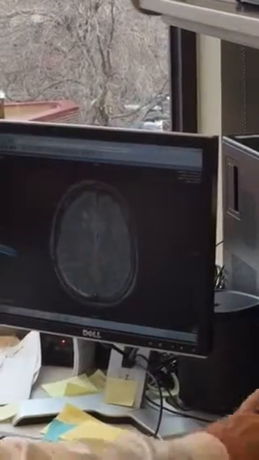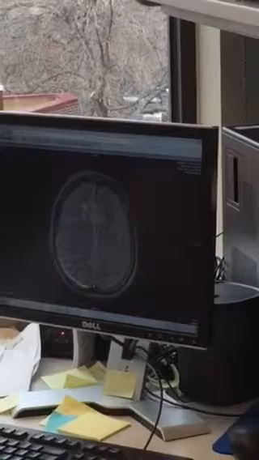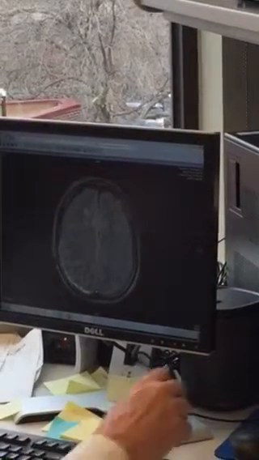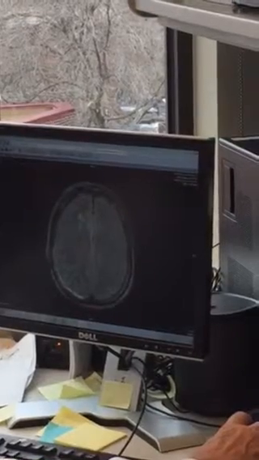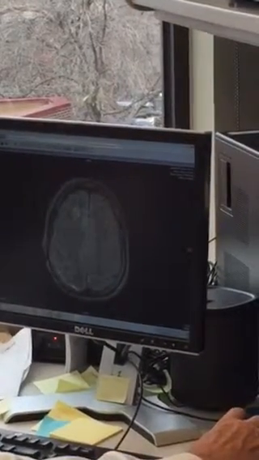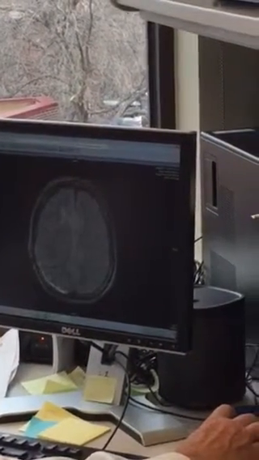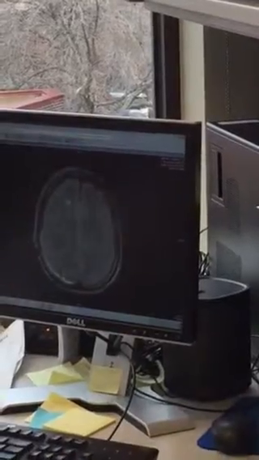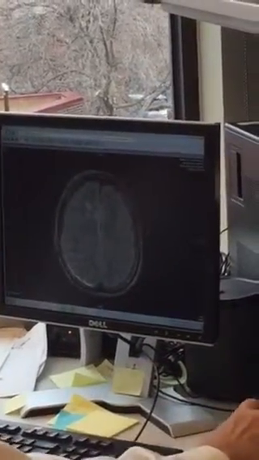It's essentially in the same place that was there a couple weeks earlier. And if you see that area there, and that area there, that's an area that is reflective of the injury. It's in the right frontal portion.